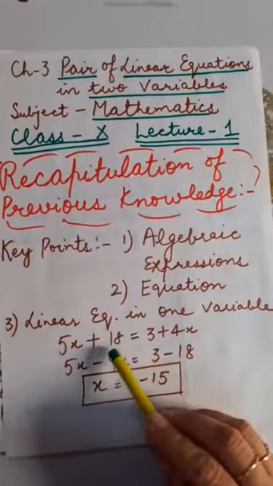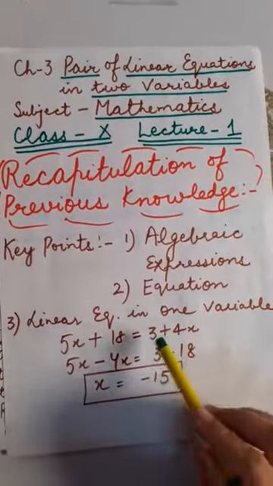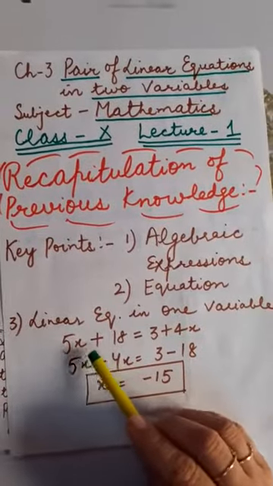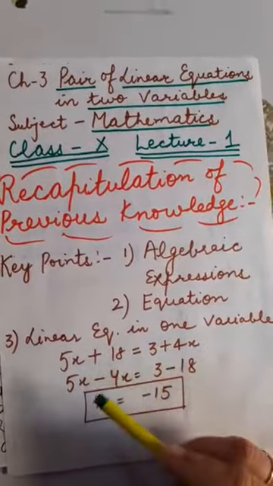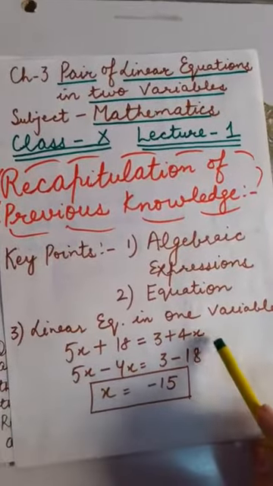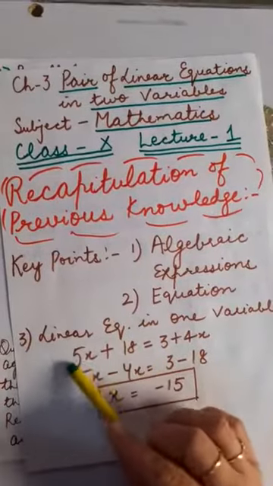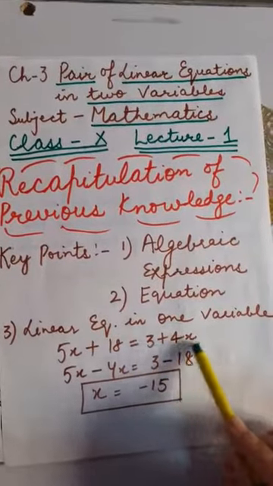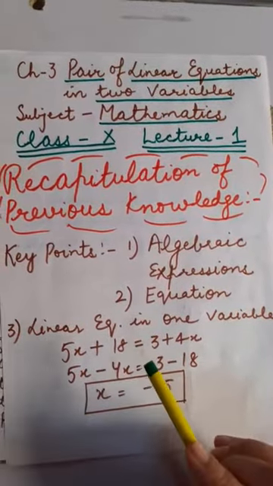Here you can see in this equation there is only one variable present. I am going to read it out: 5x plus 18 is equal to 3 plus 4x. Here children, you can see that this is a complete equation. Whether it is an equation or not, let us check. There is one expression written on left hand side, another expression on right hand side, and there is an equal to sign between both of them.